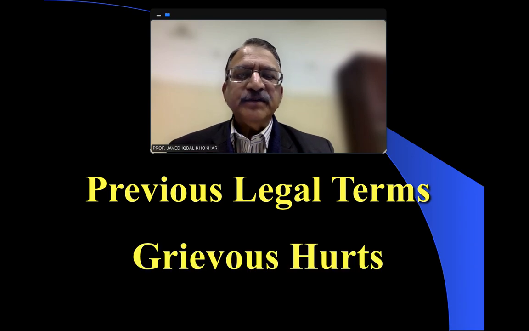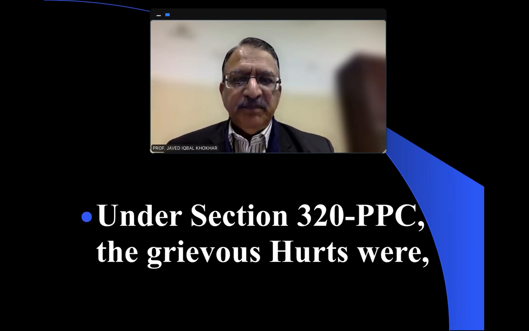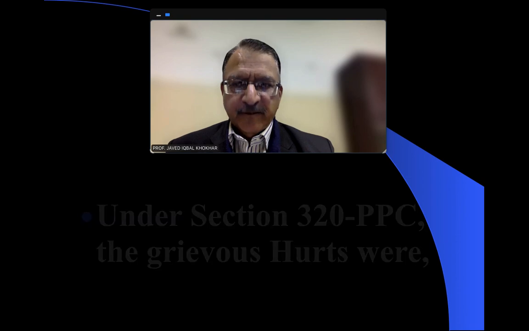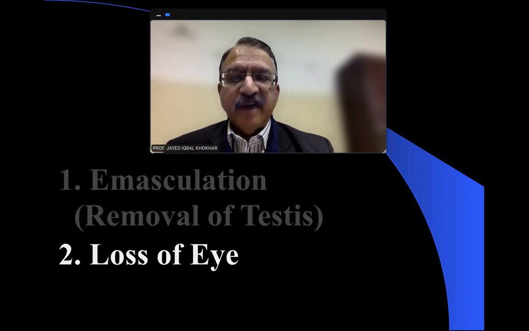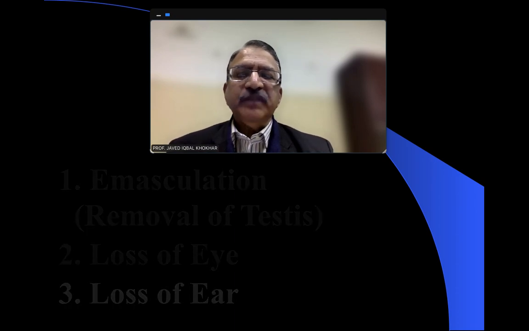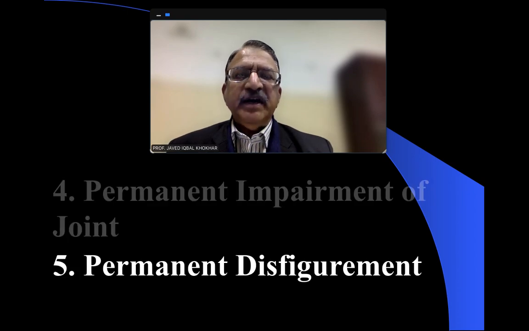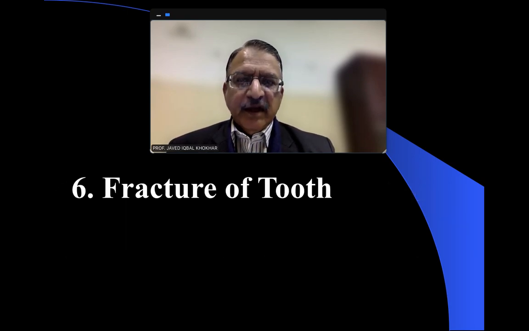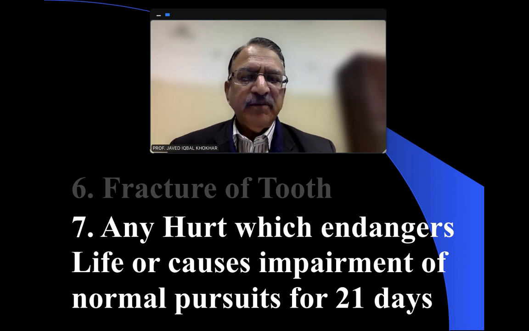Previously, the legal terms of grievous hurt, we will just understand that term. Under section 320 PPC, the grievous hurts were emasculation, that is removal of the testes, loss of eye, loss of ear, permanent impairment of any joint, permanent disfigurement, fracture of a tooth, or any hurt which endangers life or causes impairment of normal pursuits of the person for 21 days.